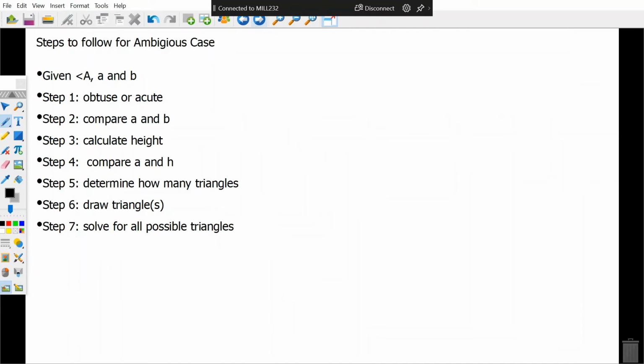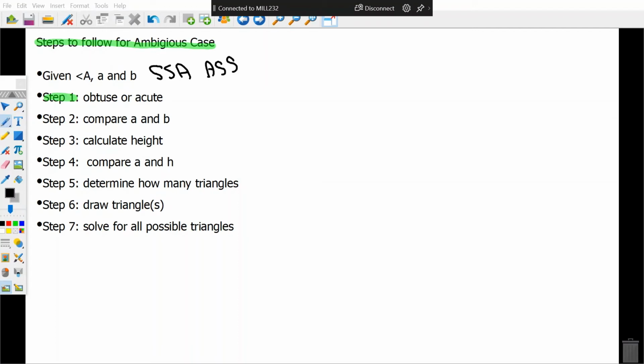Next. And here's those steps. So this is a good one to make sure you come back to. And when you have more time and you can pause the video, this is a good one to add to your notes. It says if you're given angle A, side length A, and side length B, which is an SSA triangle, step 1, is the angle acute or obtuse?